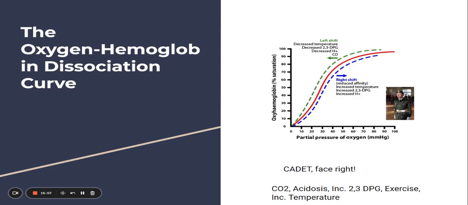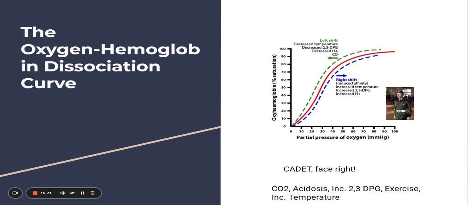Another concept to understand is the oxygen hemoglobin dissociation curve. So we can see here this curve on the right. On the x-axis, we have the partial pressure of oxygen in millimeters of mercury. On the left side, we have the y-axis, which is the percentage of oxyhemoglobin saturation.